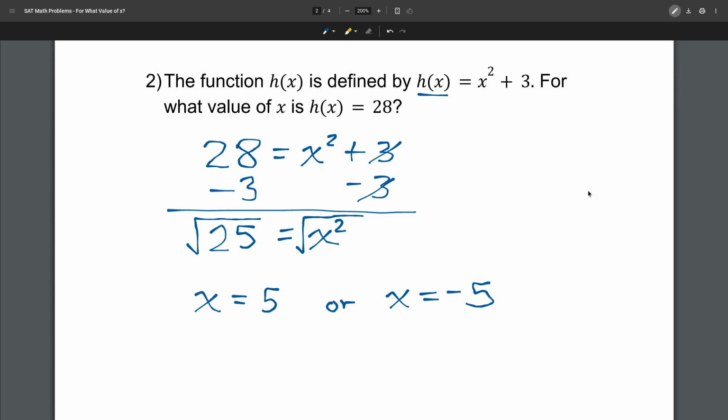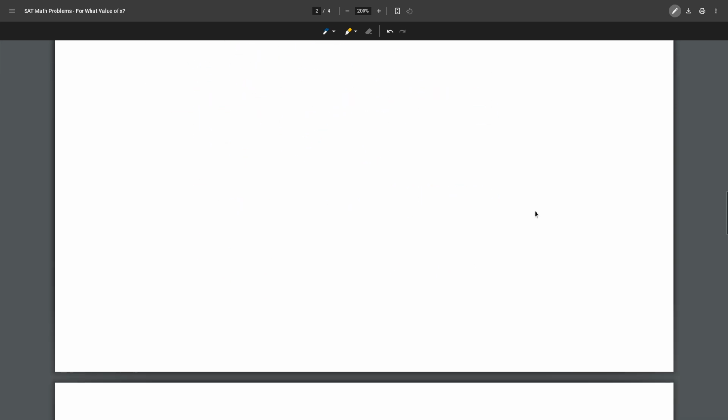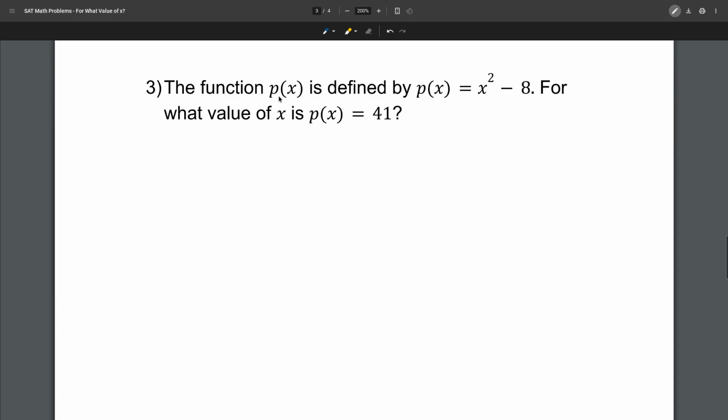All right, hopefully you're getting the hang of this a little bit. Let's take a look at another one. Function p of x is defined by p of x equals x squared minus 8. For what value of x is p of x equal to 41? All right, so we're going to set this equal to 41.